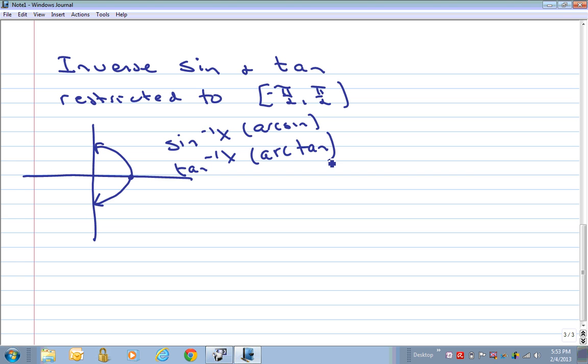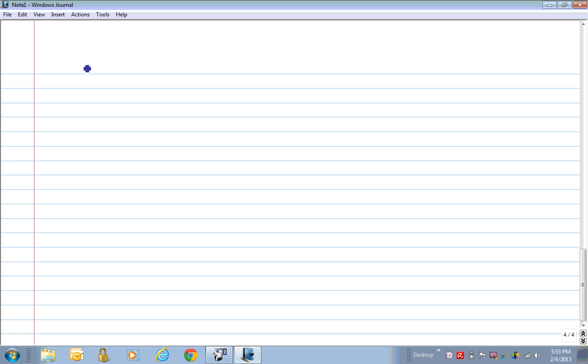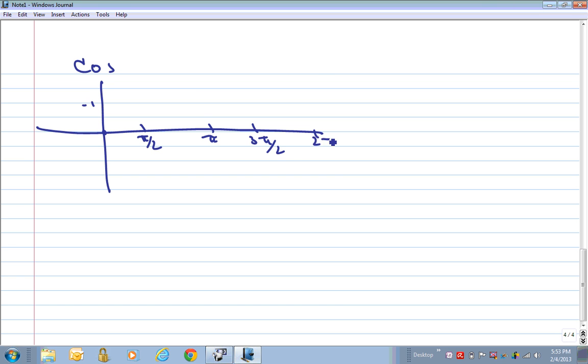The same is true for cosine, and we could draw the graph. Matter of fact, let's just do that on the next page. That'll help you look at that. So if we draw our basic cosine graph, we have 1 and negative 1, and we have our pi over 2, our pi, our 3 pi over 2, and our 2 pi.